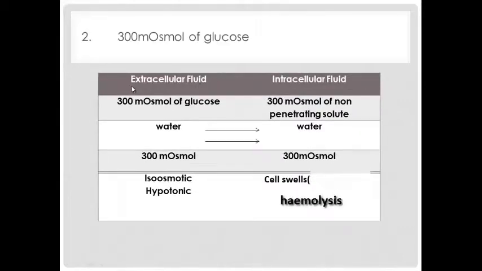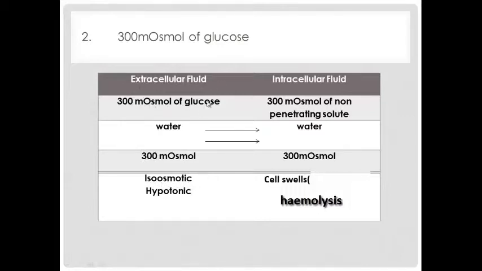In test tube 2, the extracellular fluid contains 300 mmol of glucose, and the intracellular fluid contains 300 mmol of non-penetrating solute, where glucose is the penetrating solute. The total osmolality is 300 mmol in the extracellular fluid, which is equal to the intracellular fluid, which also has 300 mmol of total osmolality, so it is isosmotic.